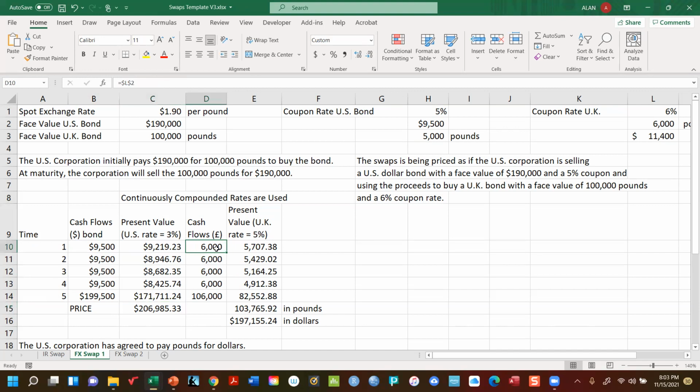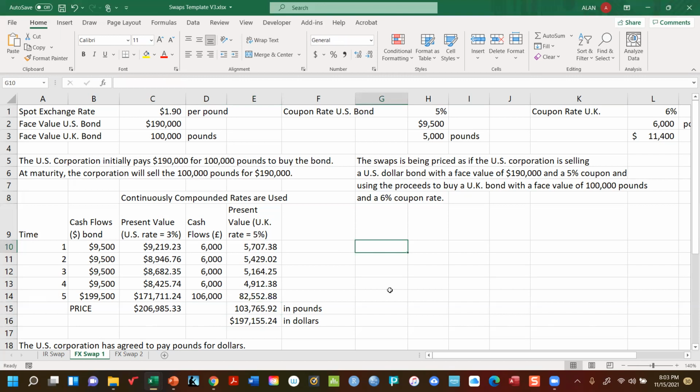Now, the cash flows in the British bond are 6,000 pounds every year. That's the coupon, plus a repayment of principal of 100,000 pounds at the end of the 5th year. Here, we're present valuing them with the 5% rate because that's the British rate of interest. So we add these up to get this number in pounds, but again, assuming that the exchange rate is $1.90 a pound, this is the dollar value of the British bond.